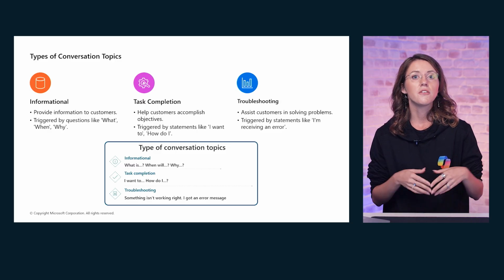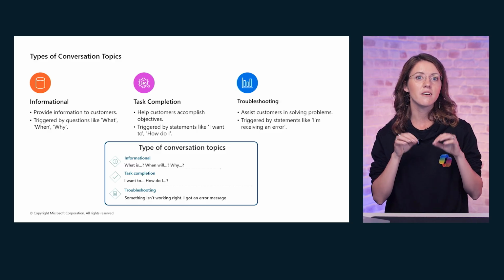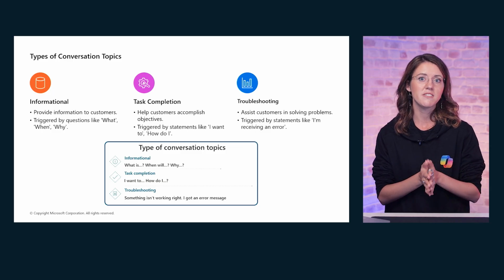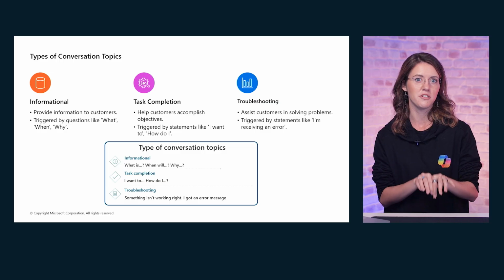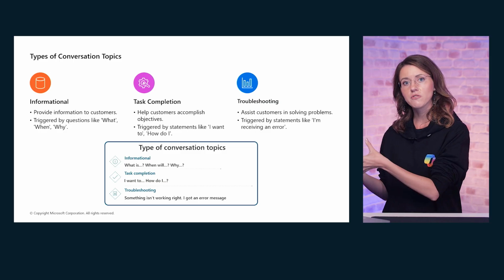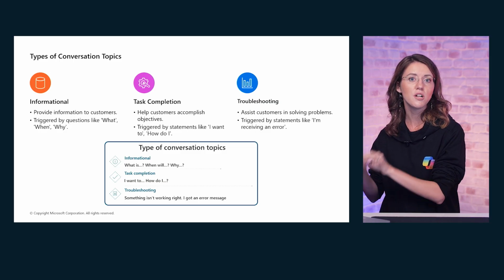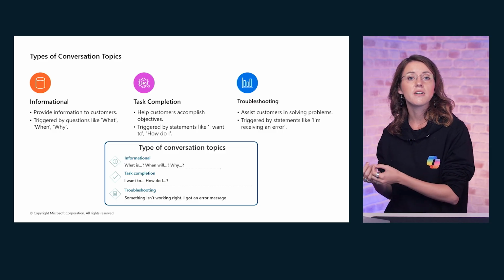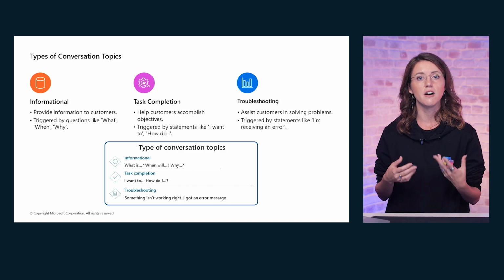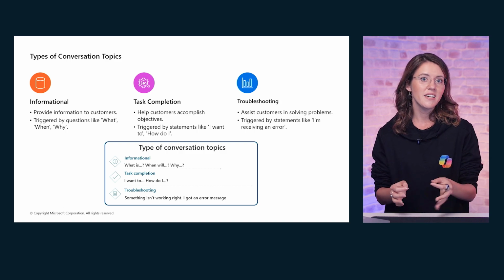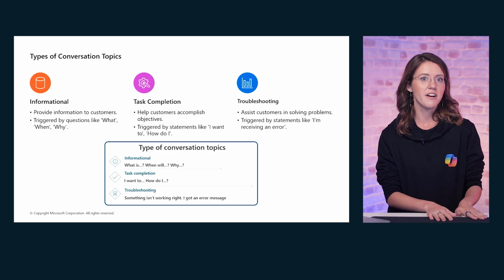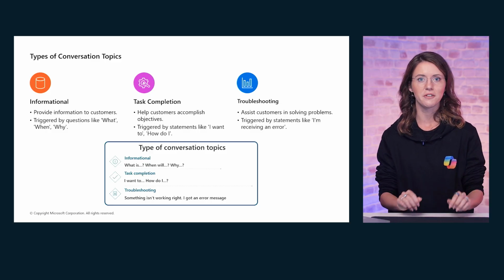Task completion topics assist the customer in accomplishing an objective. These are triggered by statements such as, I want to schedule a service appointment. And troubleshooting topics help the customer solve a problem. They are triggered by a statement like, my coffee machine is making a loud noise. By understanding these categories, you can design more effective and targeted conversations for your customers.